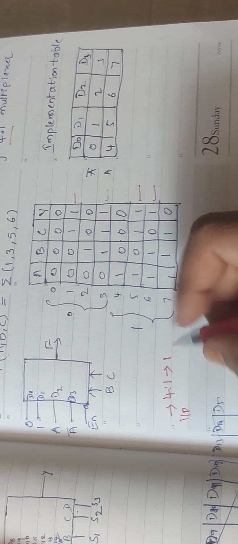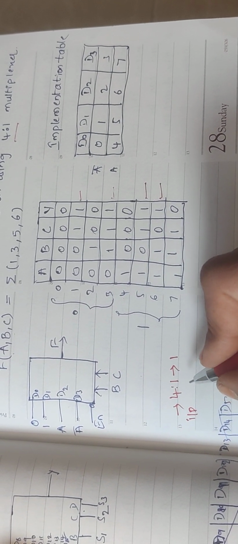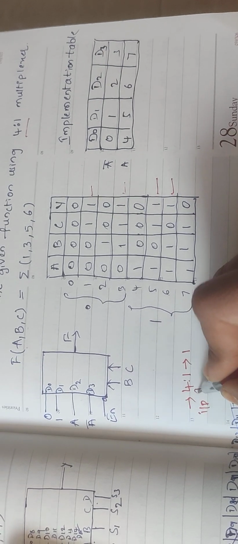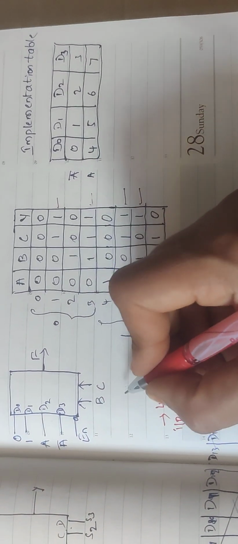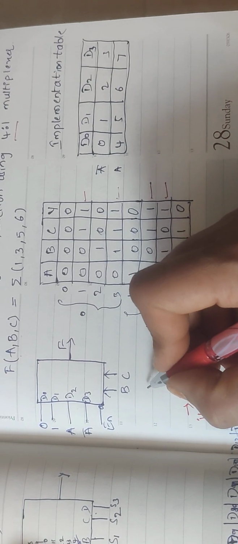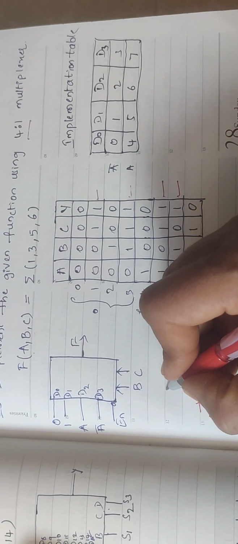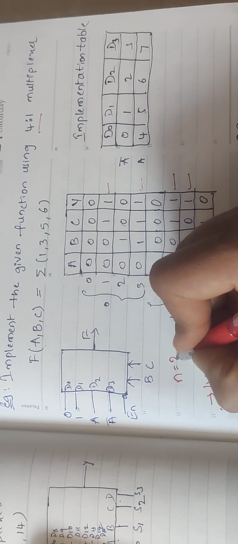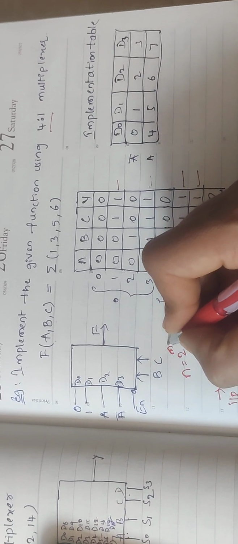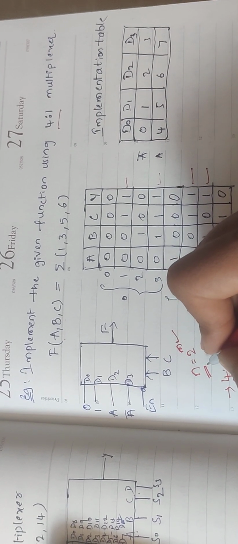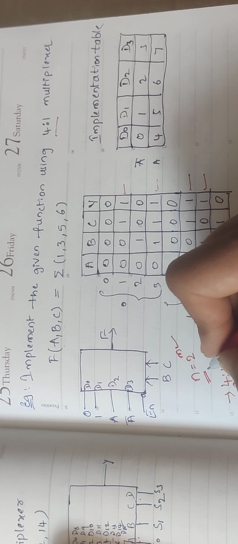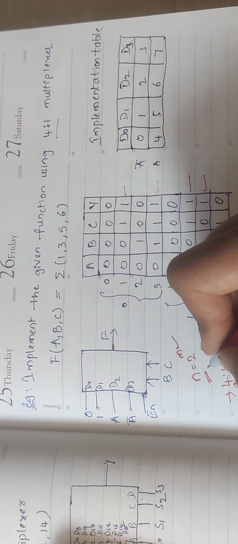For that reason here what we need to do, if we are going to consider the 4 input lines, that is number of input lines is equal to 2 to the power of the selected lines. Here m represents the selected lines and n represents the number of the input lines. We already know that we need to implement the 4:1 multiplexer.